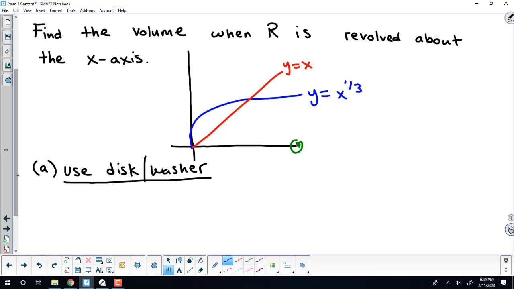I had a question. For this problem, how would you do it if the axis you're revolving around is above where the graphs intersect? Like if we revolved around y equals 2 or something. Maybe we can look at that next. If we revolved it around this line right here, it's still the disk idea, but I'm confused about top minus bottom, or outer minus inner, with respect to what?